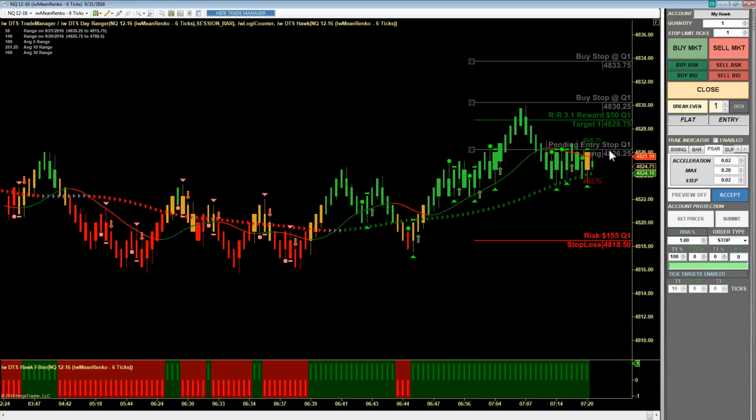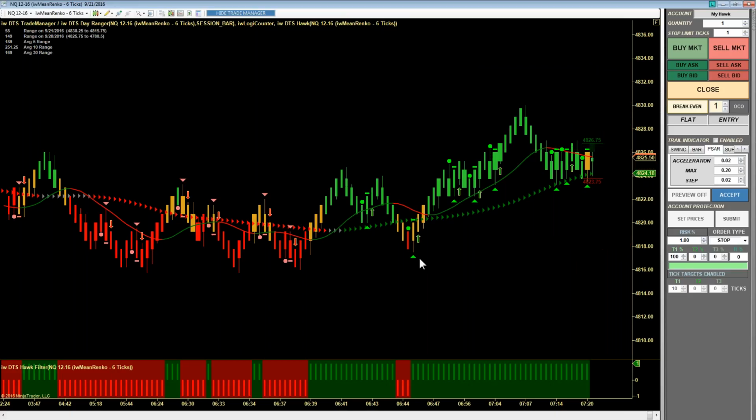So let's say it brings me in here and then fills me again on the breakout here and then fills me again up here. Trade Manager will continue to add to my stop loss. So I don't need to worry about having an unprotected trade, an uncovered trade out there. But yes, you can add to it.